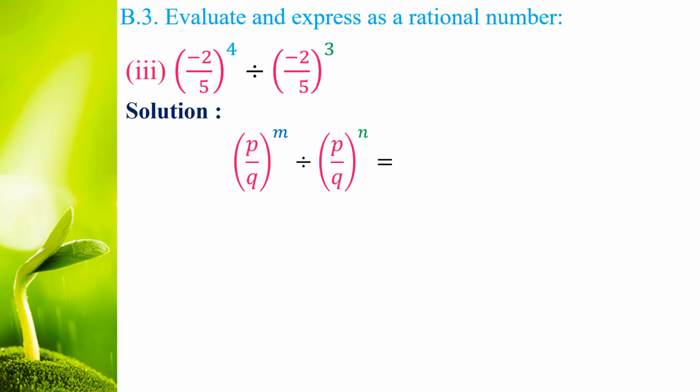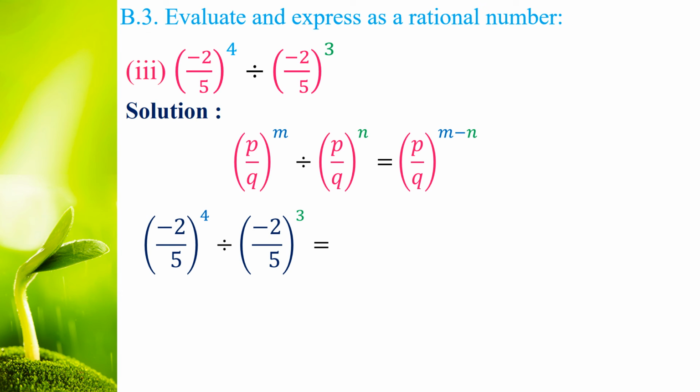P by q to the power m divided by p by q to the power n equals p by q to the power m minus n. Minus 2 by 5 to the power 4 divided by minus 2 by 5 to the power 3 equals, place the same base, minus 2 by 5, then subtract the powers, 4 minus 3, equals minus 2 by 5 to the power 1.